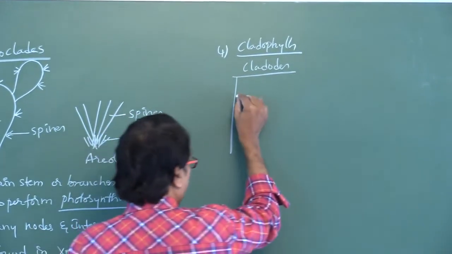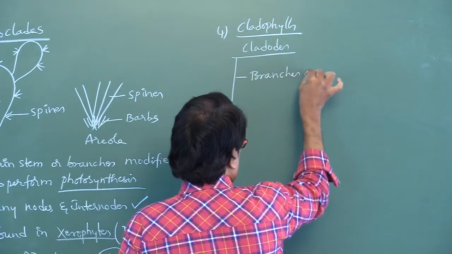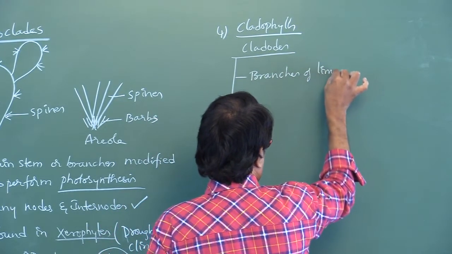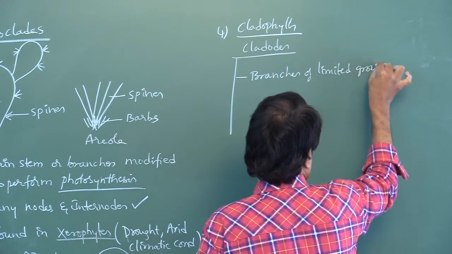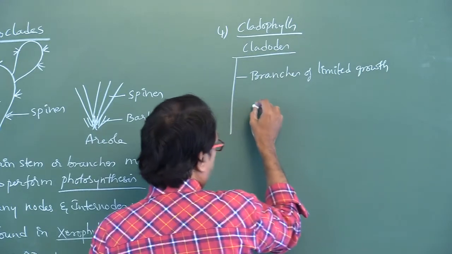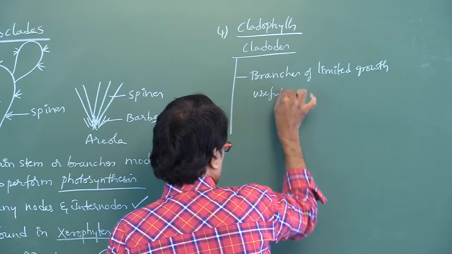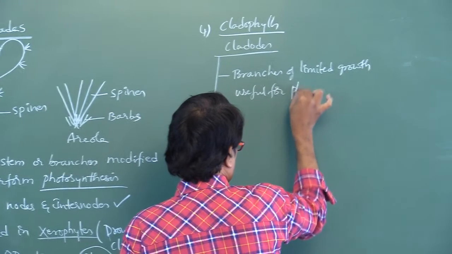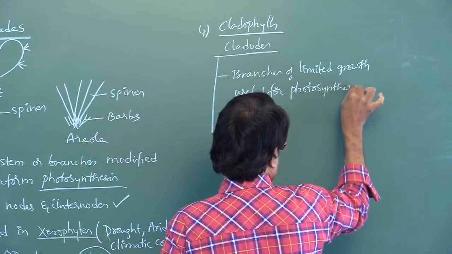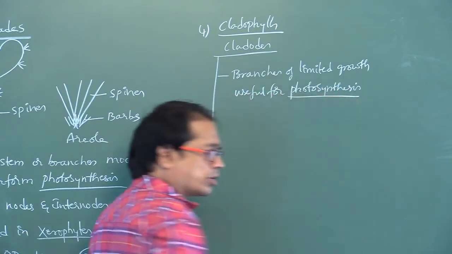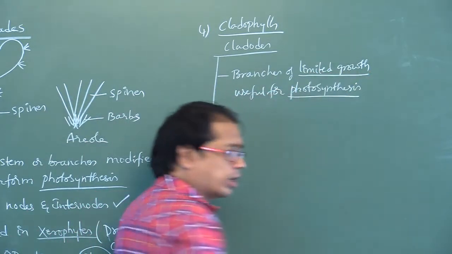That is branches of limited growth. This is important. Branches of limited growth useful for photosynthesis. So that means branches of limited growth.